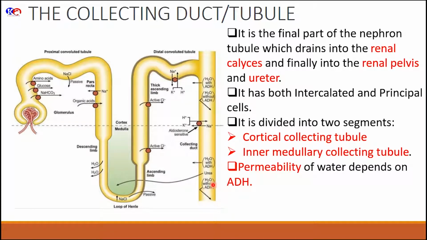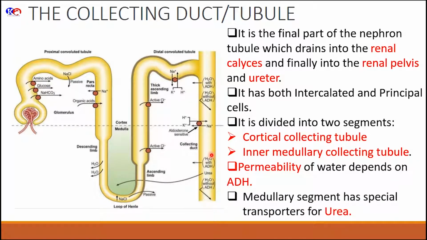Then it is also divided, as you can see, beginning from the cortex into the medulla. So we have the cortical collecting tubule, then the inner medullary collecting tubule. Once again, permeability of water depends on ADH. And the medullary segment has special transporters for urea.